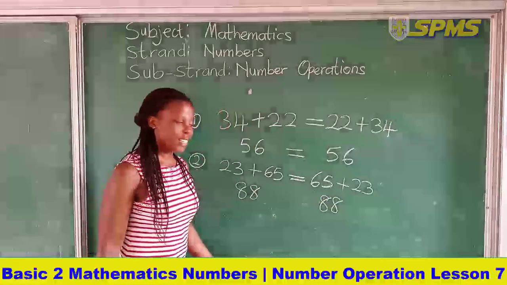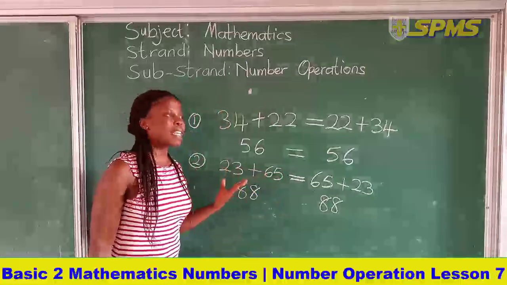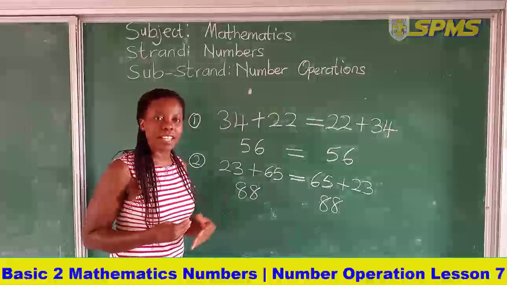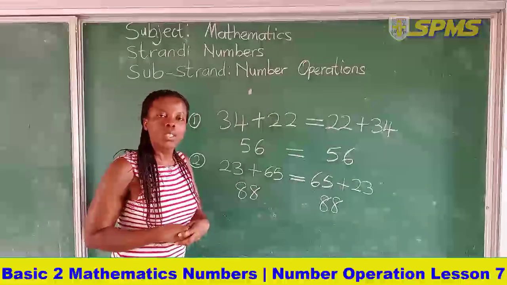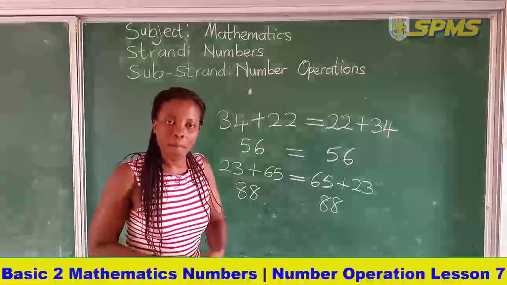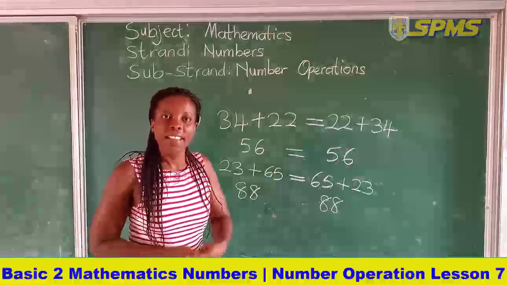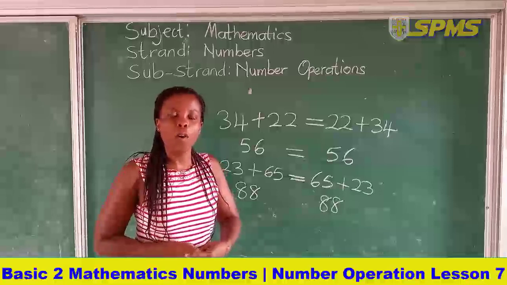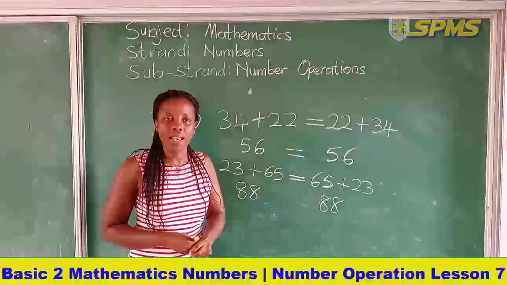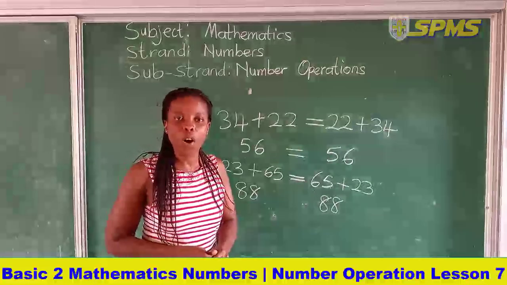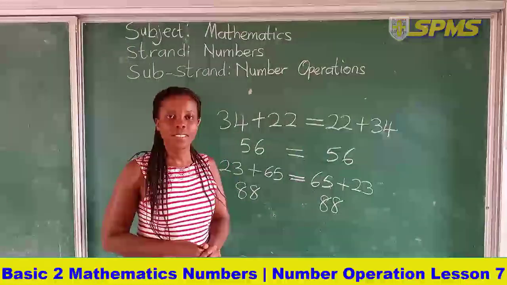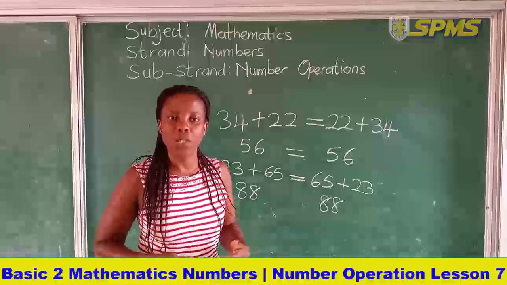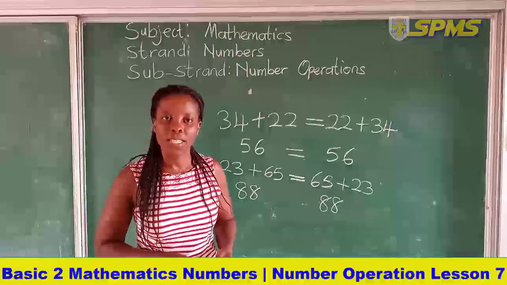Which means that reversing the addends in an addition sentence will not change the sum. And this form of property or this form of addition is known as the commutative form of addition. Very good. Try more examples at home and get used to it.